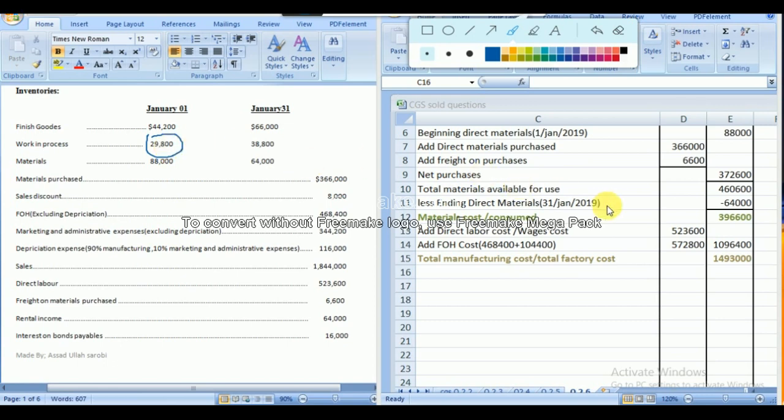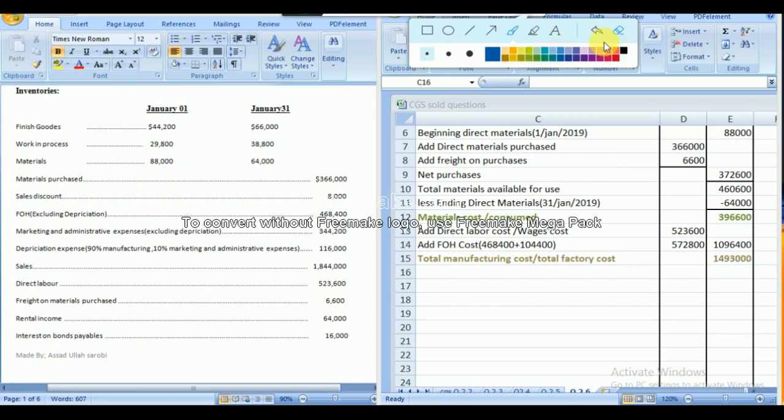And in this month we have the 14,93,000 work in process. We put it into the process, and already in the process was the 29,800 work in process.